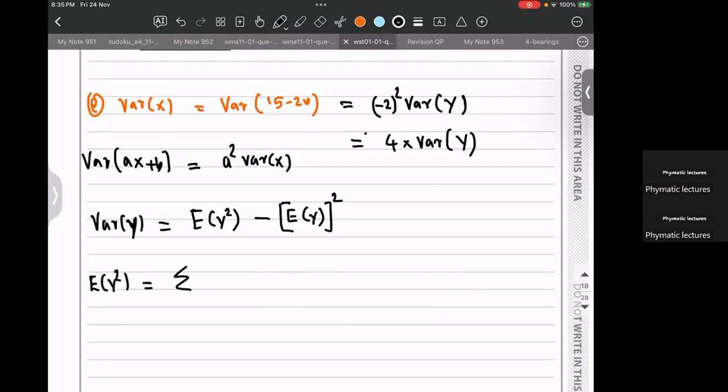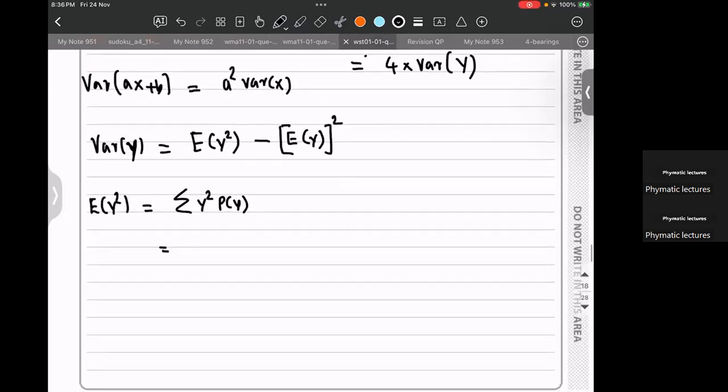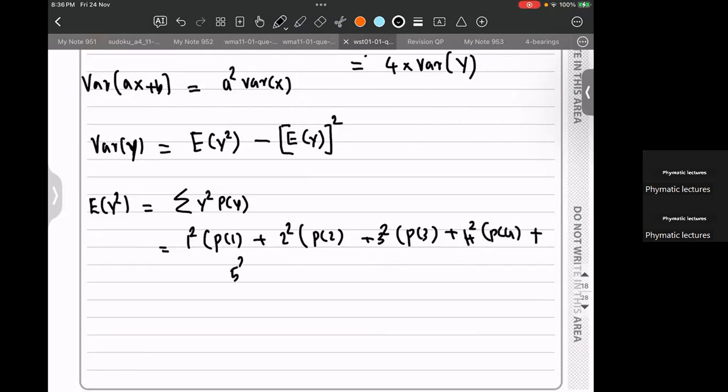What is expectation of y square? It is sigma of y square times probability of y. So it is 1 square times probability of 1, plus 2 square times probability of 2, plus 3 square times probability of 3, plus 4 square times probability of 4, plus 5 square times probability of 5, plus 6 square times probability of 6.